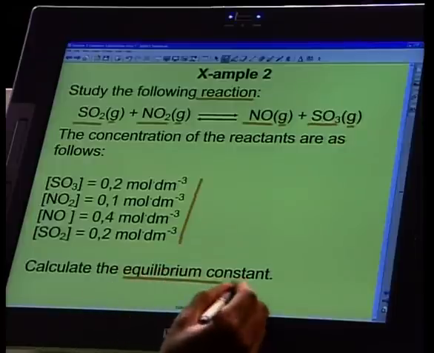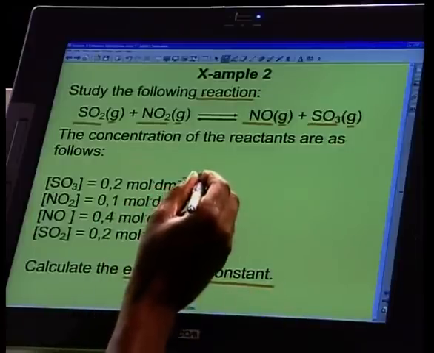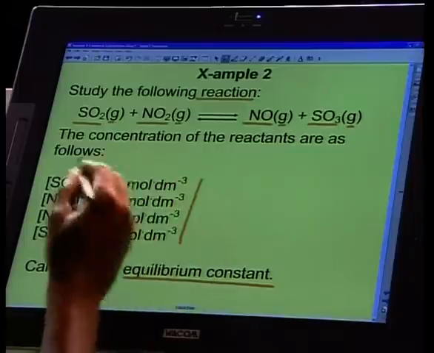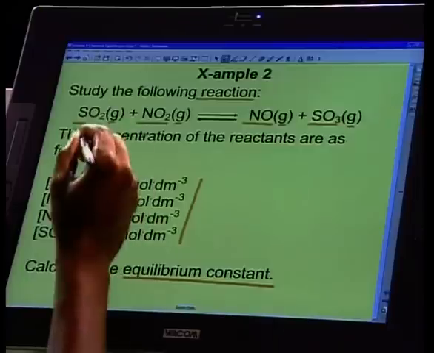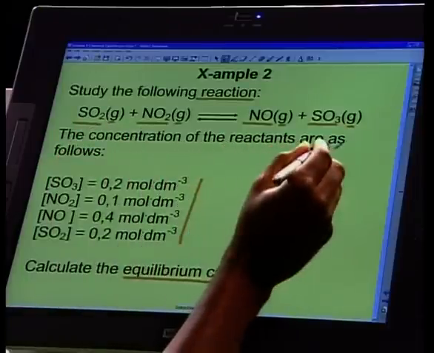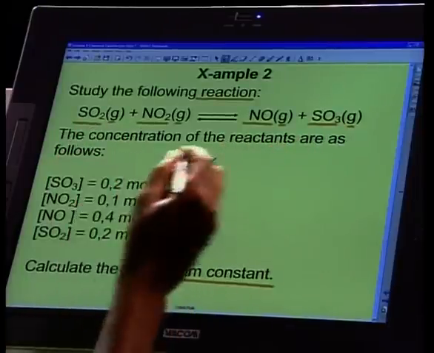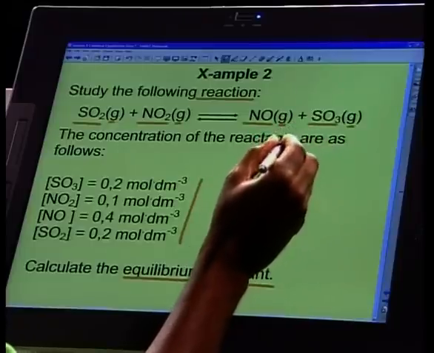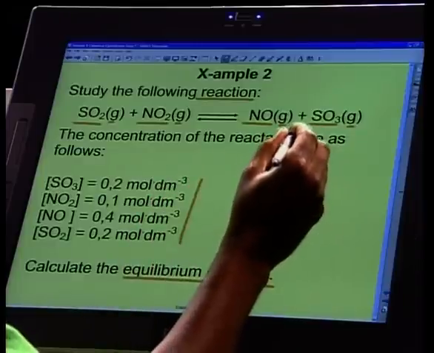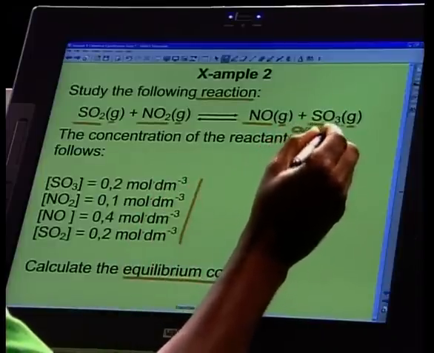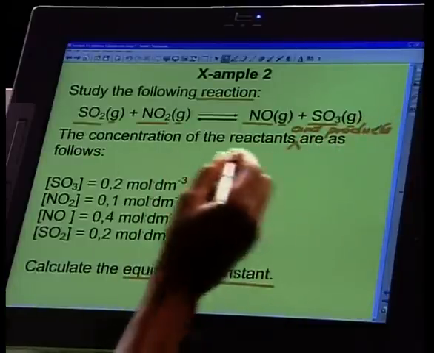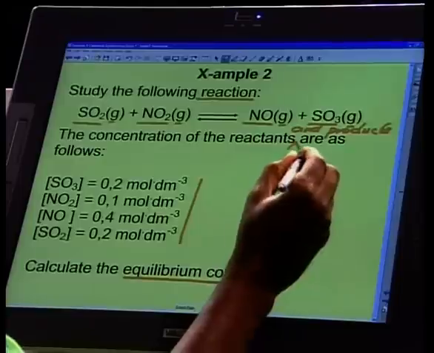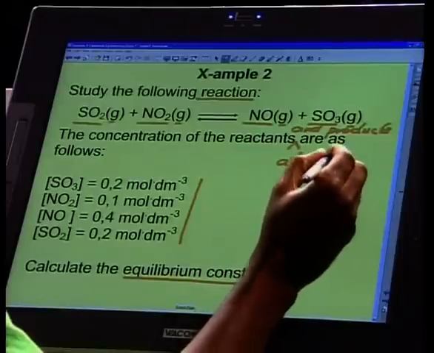Calculate the equilibrium constant. Now, these concentrations here are the way they are when this reaction has reached equilibrium. So the concentrations of the reactants and the products, and these concentrations are at equilibrium.